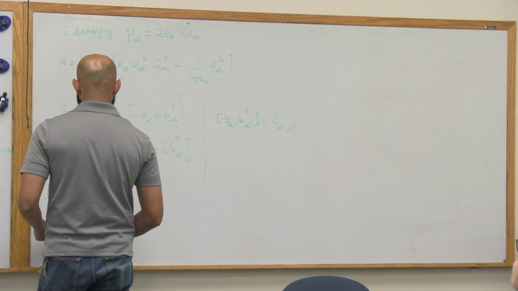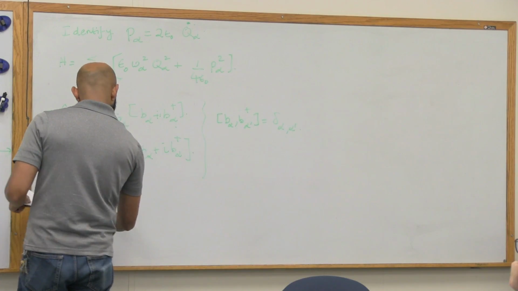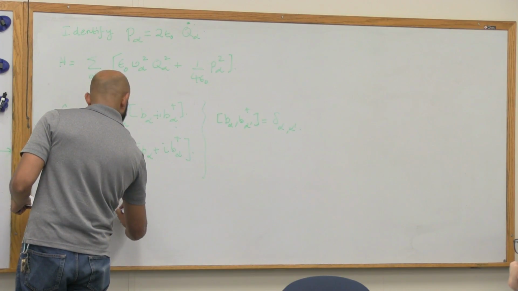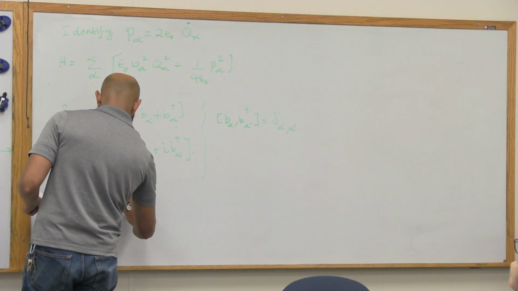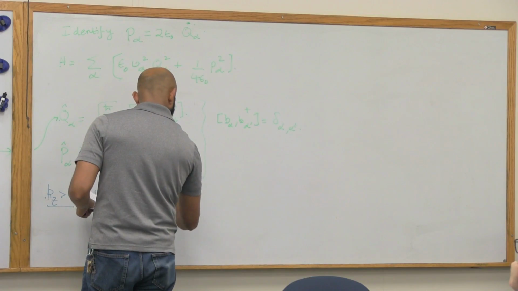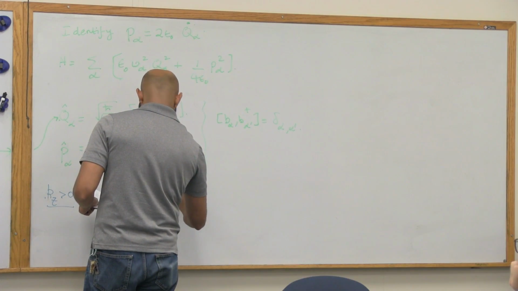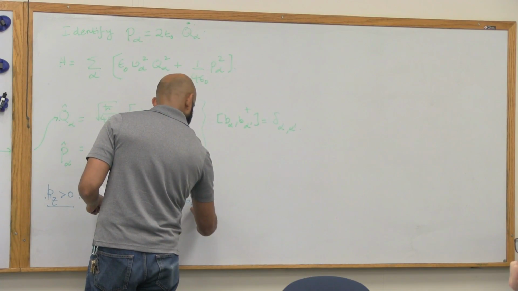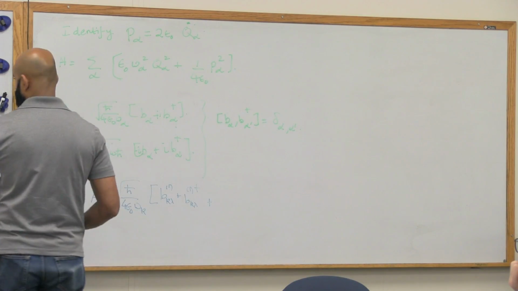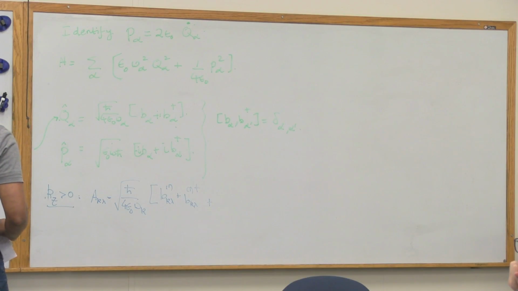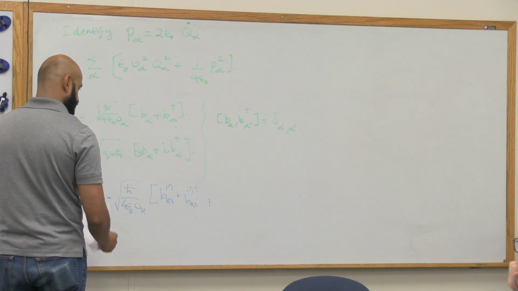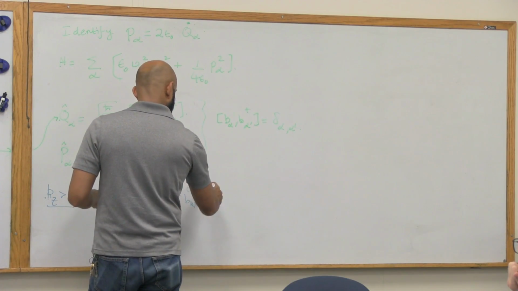And I have this expression for the Q_kλ. So I'm just going to substitute, by taking Q_kλ1 and plugging in b plus b dagger.